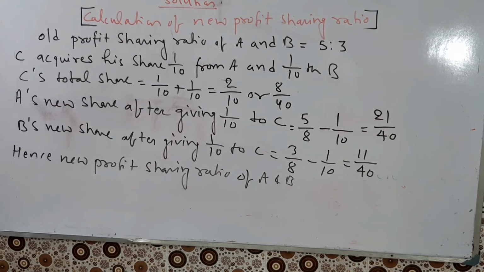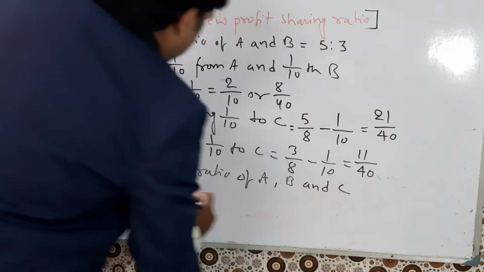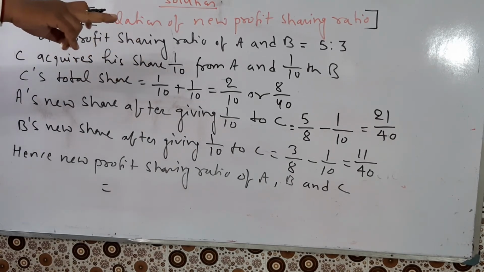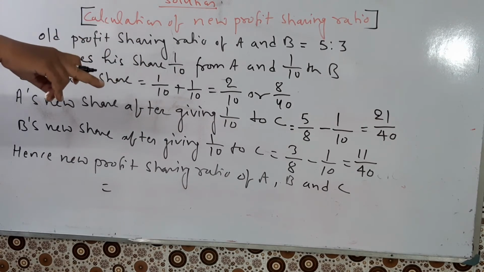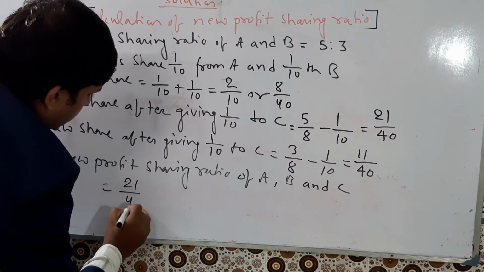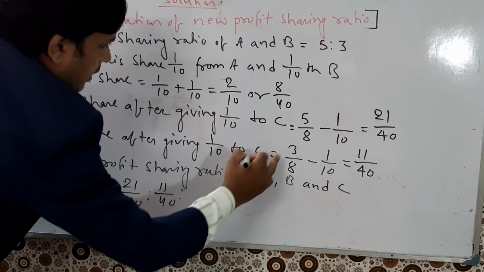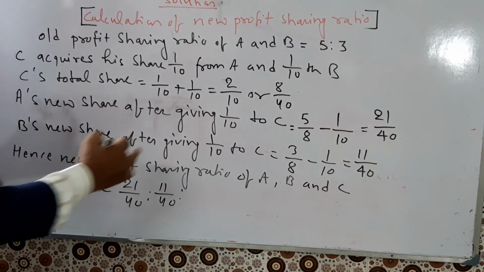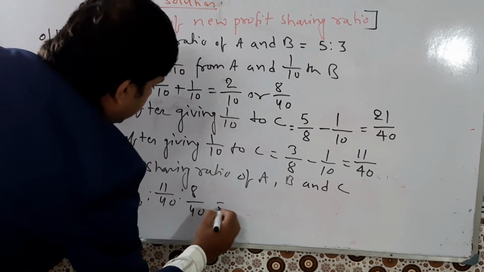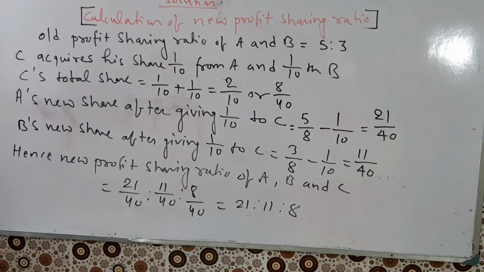C is 8/40. You can write it as 21 is to 11 is to 8. Clear?